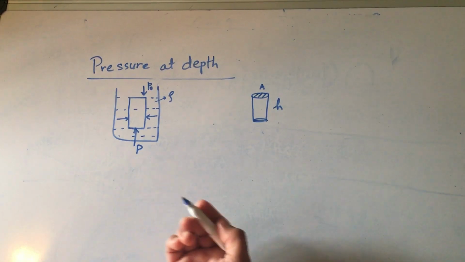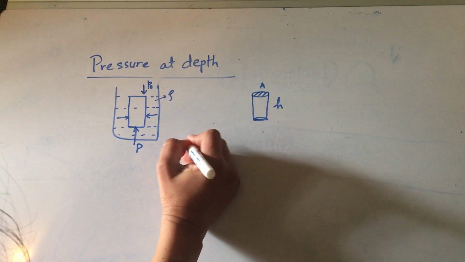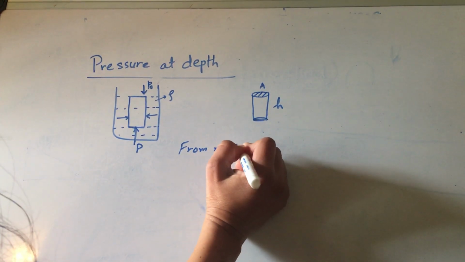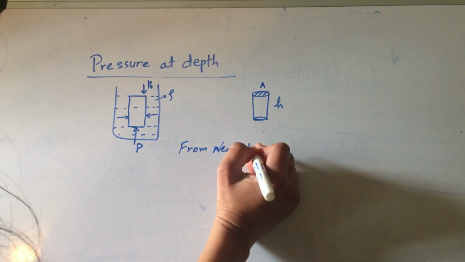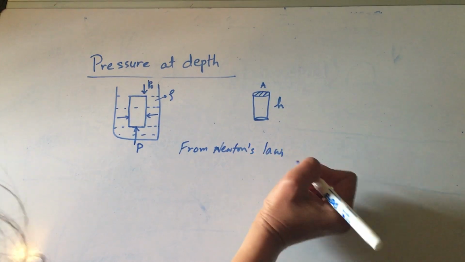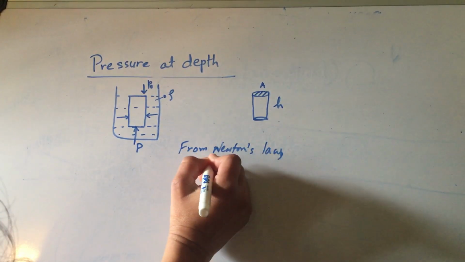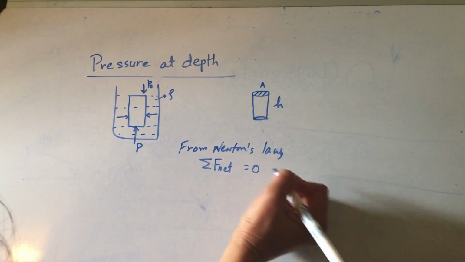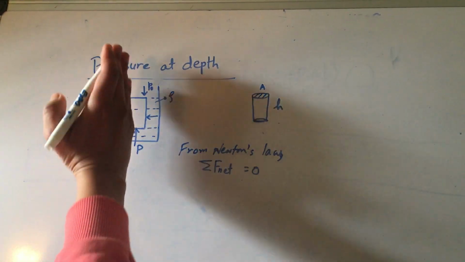So now let's apply Newton's law. From Newton's law, we can write F net equal to 0. This is just for this direction.